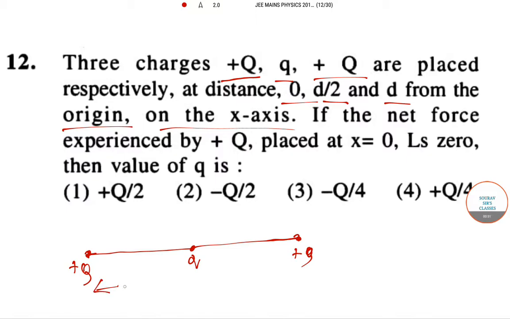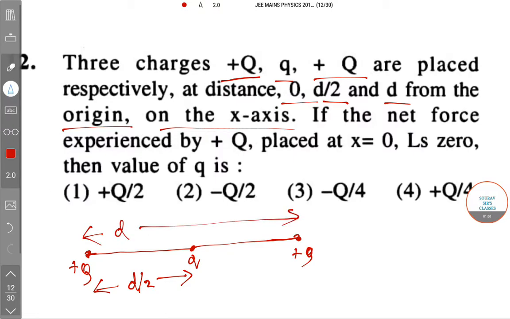This plus Q on the right hand side is placed at a distance d from the origin.